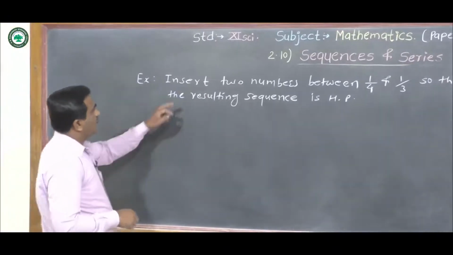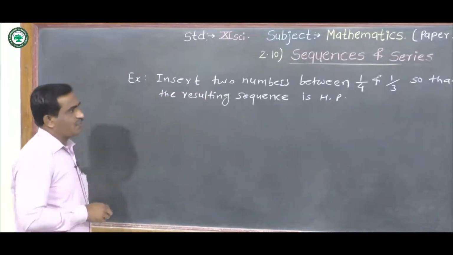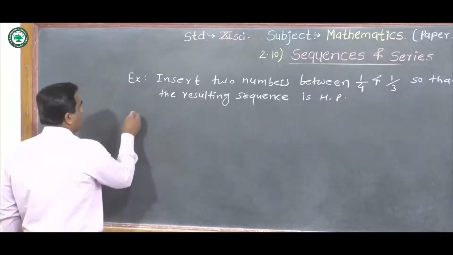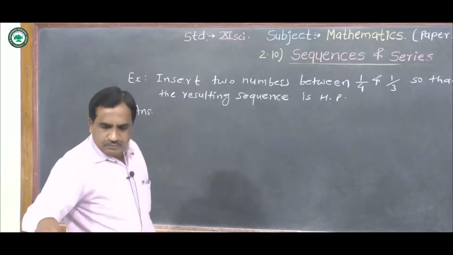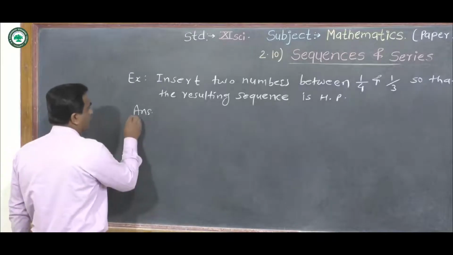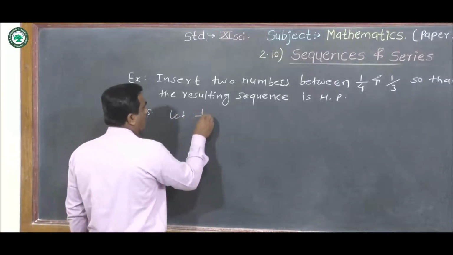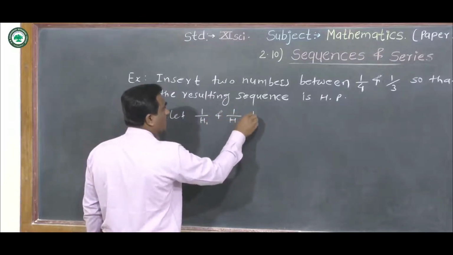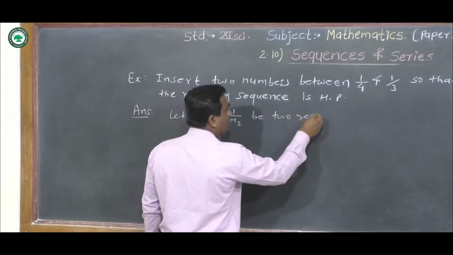Therefore, we consider the required two numbers are 1 upon h1 and 1 upon h2. Let 1 upon h1 and 1 upon h2 be the two required numbers.